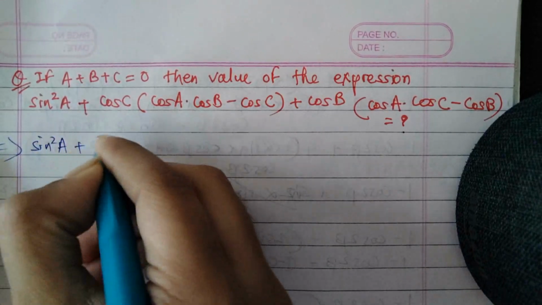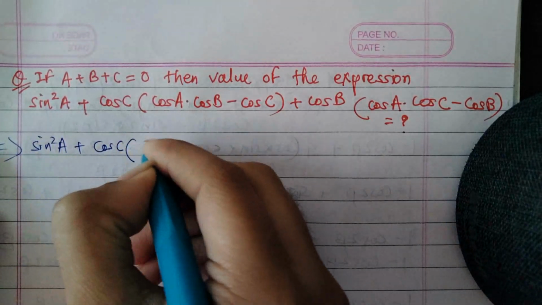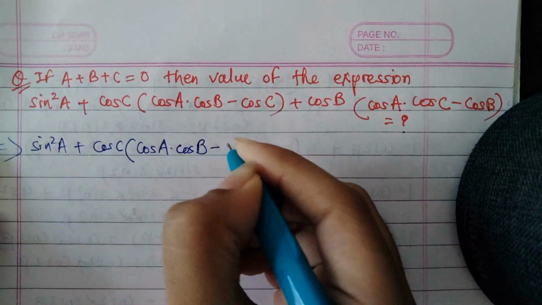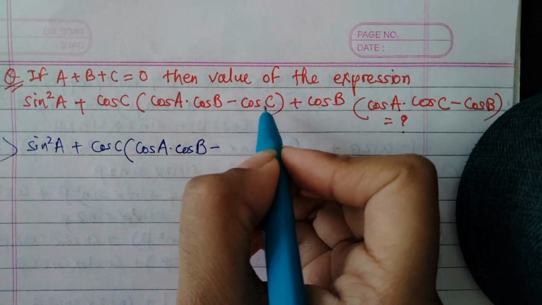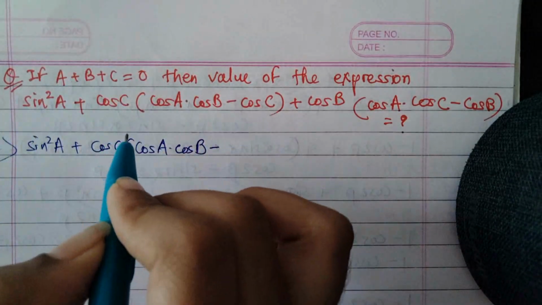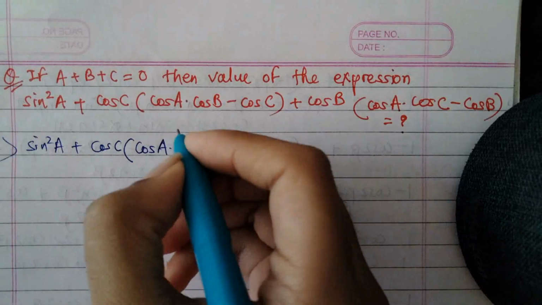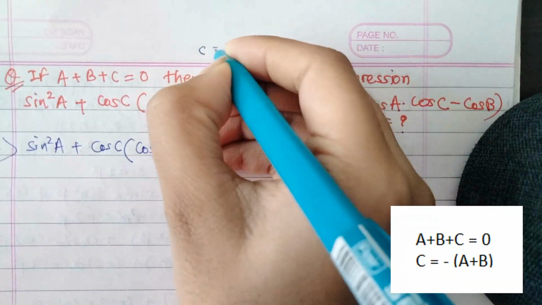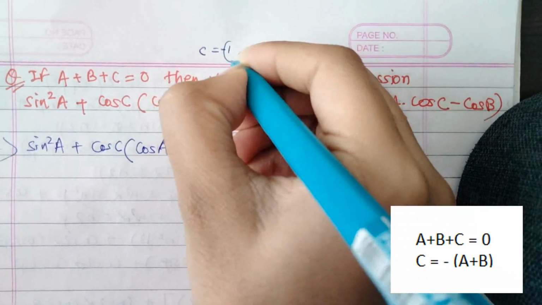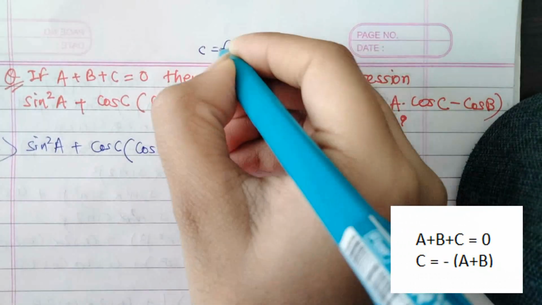Sin square A plus cos C into bracket cos A into cos B minus cos C can be written as, we know A plus B is equal to minus C, so C can be written as C is equal to minus of A plus B, right?